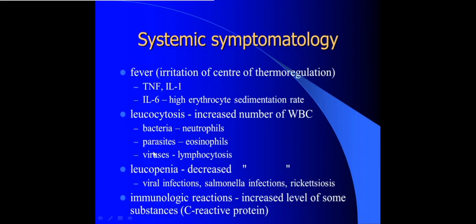Clear? Next is leukopenia. Leukopenia means decrease in the number of WBC. In leukocytosis, there is an increase in the number of WBC. If the number of WBC is increased, then the inflammation will be cured rapidly.